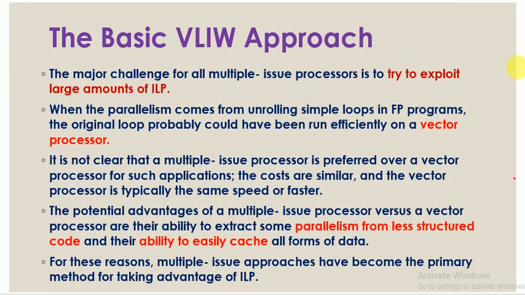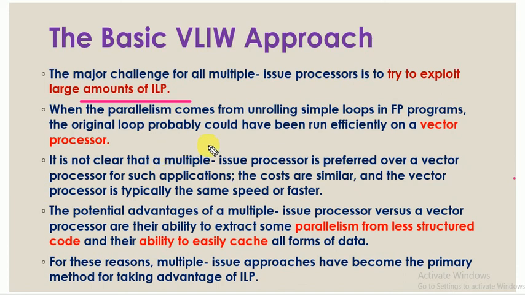Now, the major challenge for multiple issue processors is to try to exploit large amounts of instruction level parallelism, which seems to be a very difficult task. Sometimes we need to go for a vector processor when the parallelism comes from unrolling simple loops in FP programs.